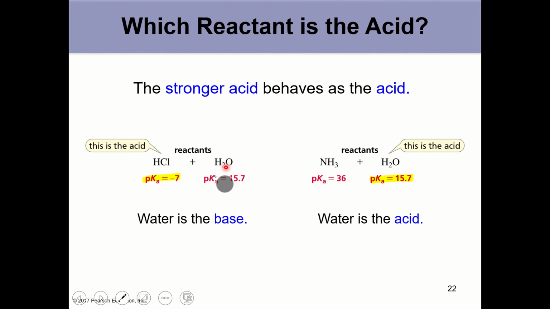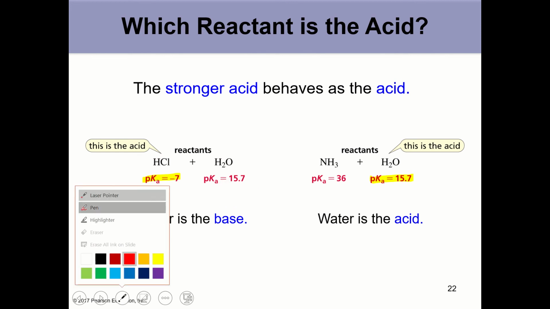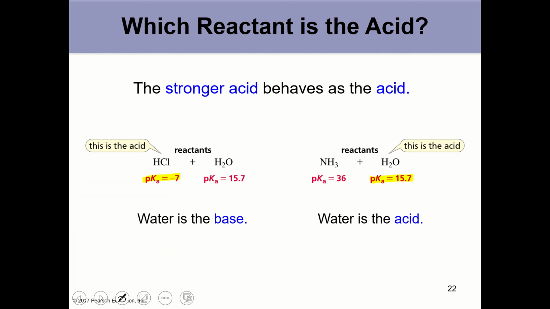If these two molecules react, HCl will act as the acid and water will act as the base. And the products that you should write would be H3O plus and Cl minus.